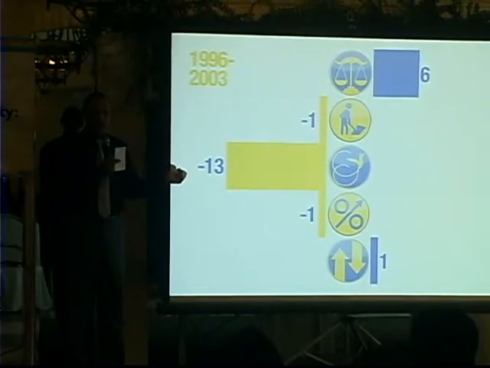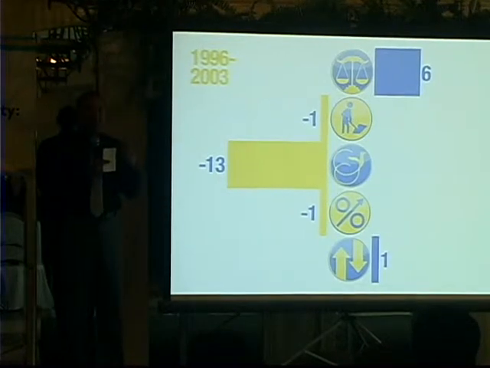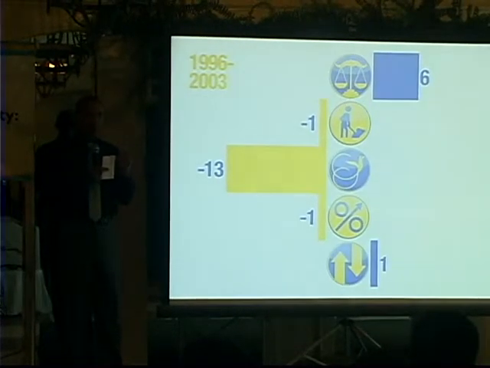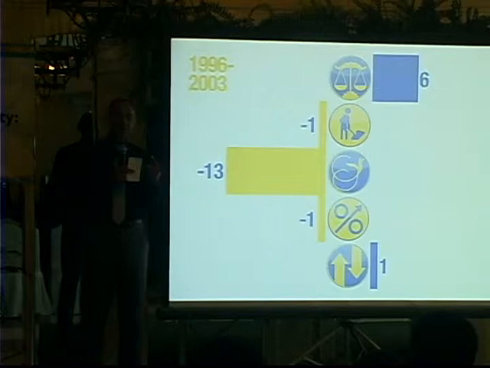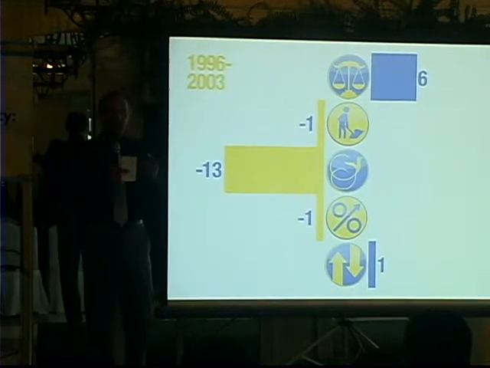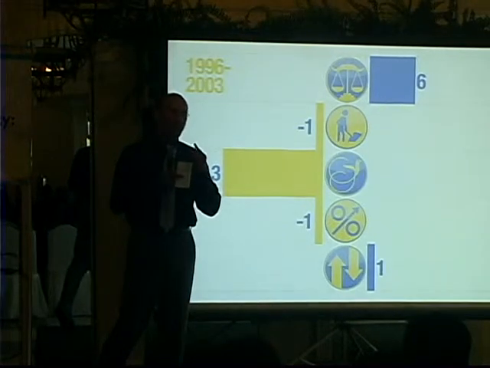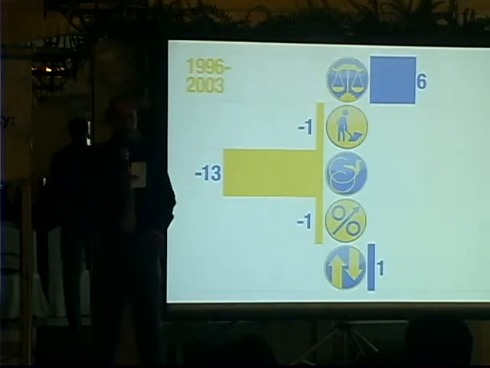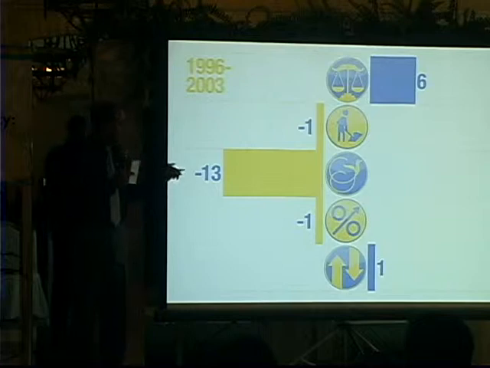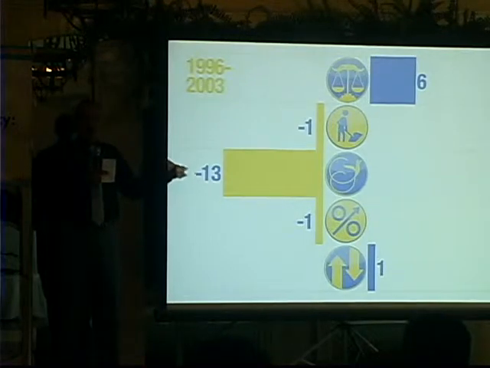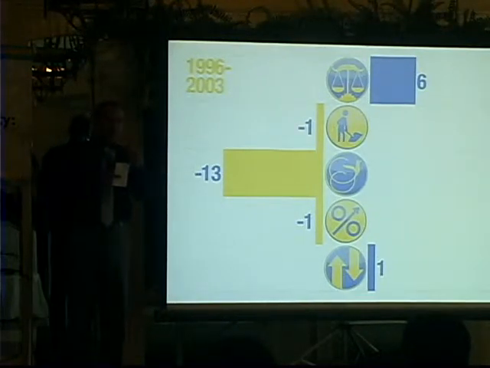It turns out that all of the debt accumulation can be explained by the government having had to assume liabilities and obligations that were contracted outside of central government. 13 percentage points of debt per year.